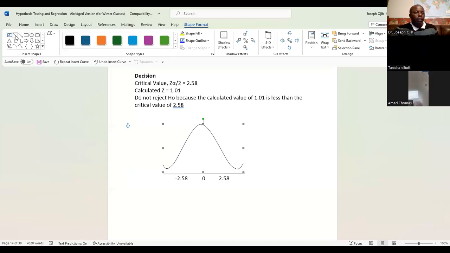We have the center line, the left critical value, and the right critical value. So we can shade both sides.